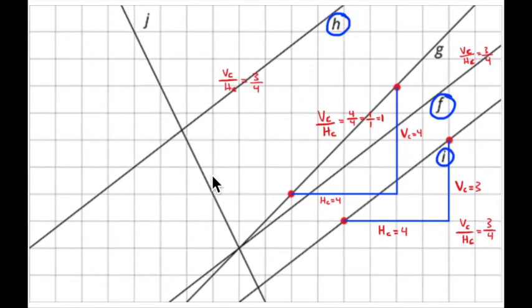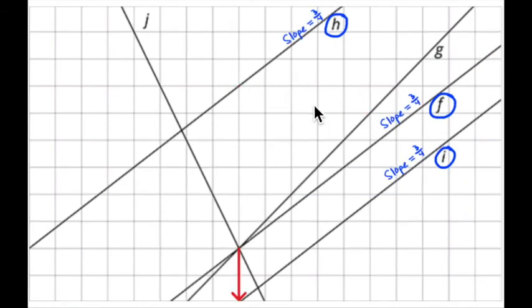So if you look at all 3 of these lines together, F has a slope of 3/4, I has a slope of 3/4, and H has a slope of 3/4. And so how are I and H positioned compared to F? I is moved 2 units down.